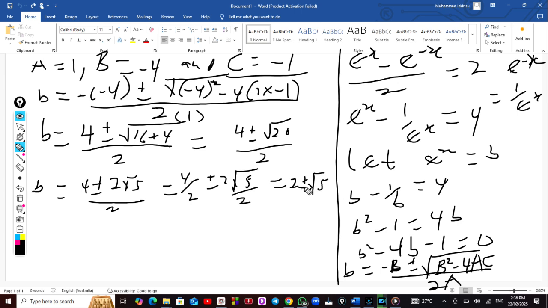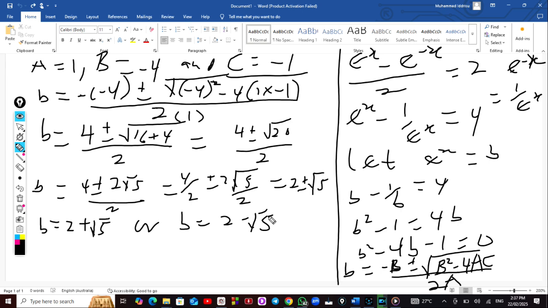Basically our b is 2 plus or minus root 5. My plus or minus is not all that clear, so let me clarify it. This simply means that b is either 2 plus root 5 or b is 2 minus root 5.